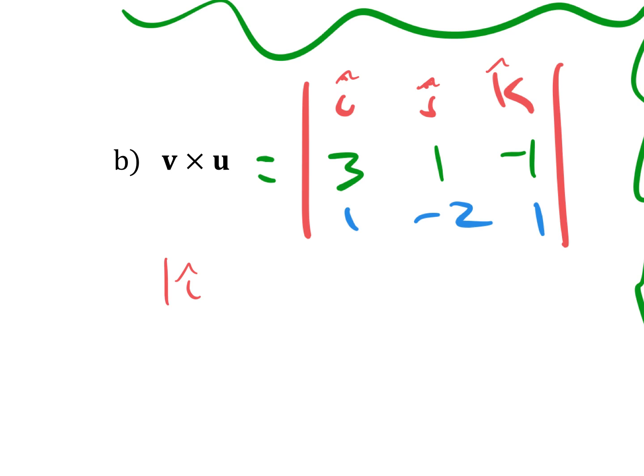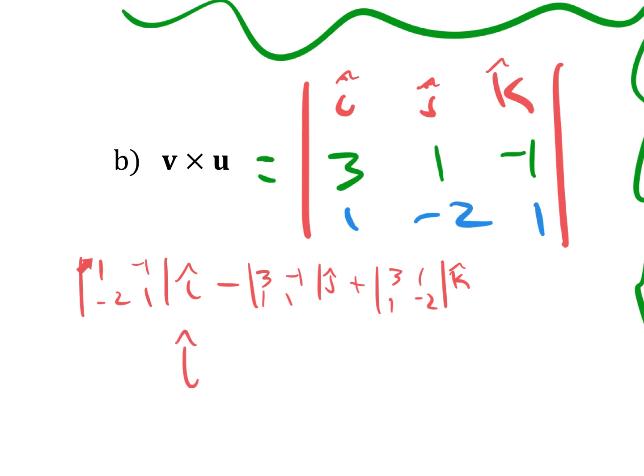So we have I times the determinant of 1, -1, -2, 1, minus j times 3, -1, 1, 1, plus k times 3, 1, 1, -2. And this is going to come out to be 1 minus, multiplying here. So 1 times 1 is 1. -2 times -1 is 2.